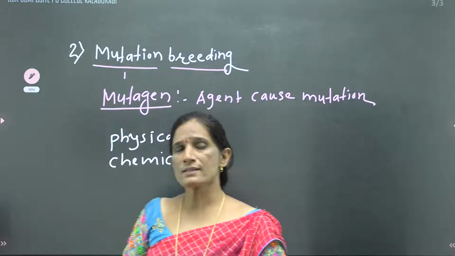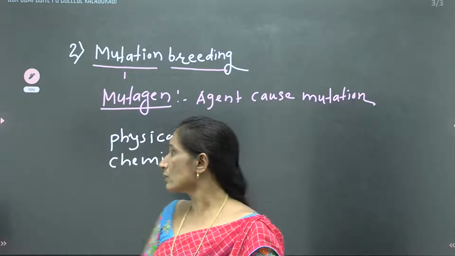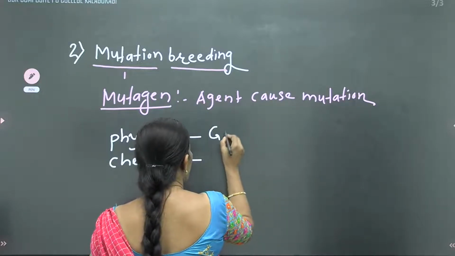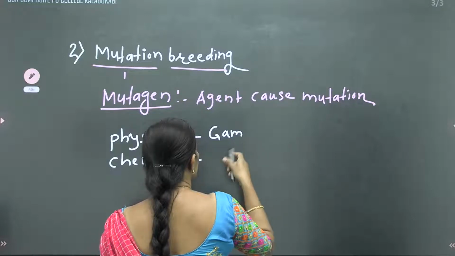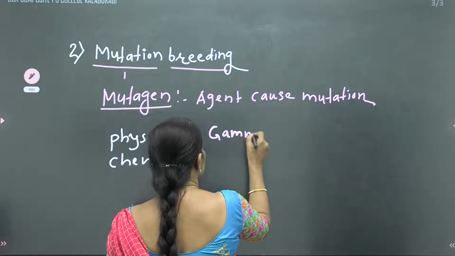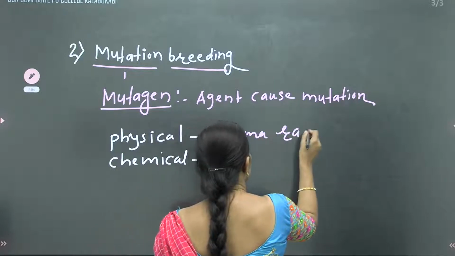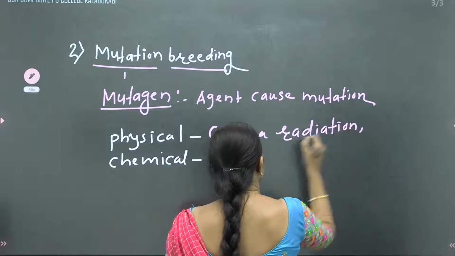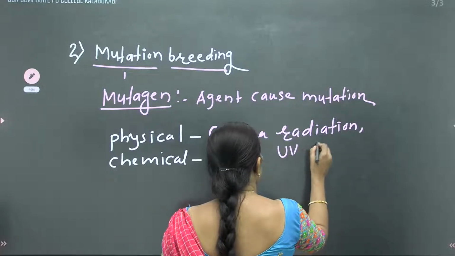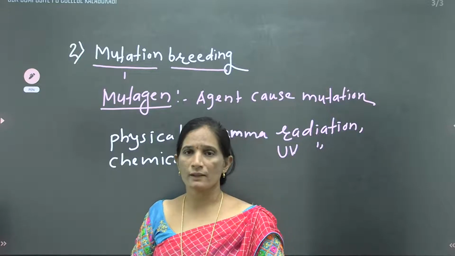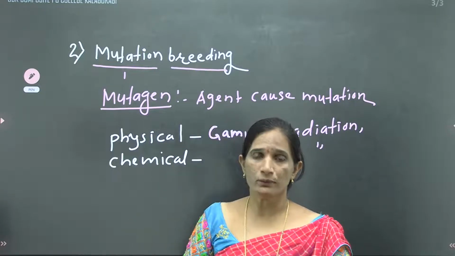So what are the physical mutagens? The physical mutagens are gamma radiations as well as UV radiations. These are the examples for physical mutagens.